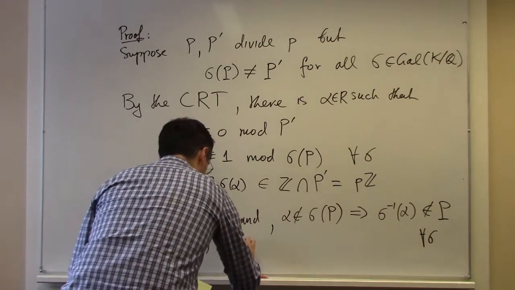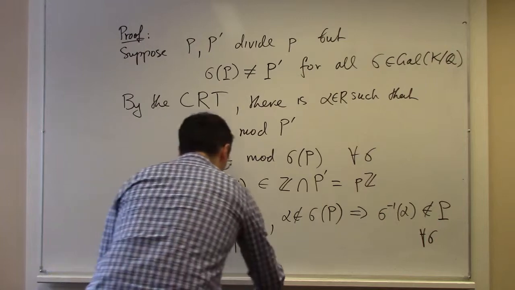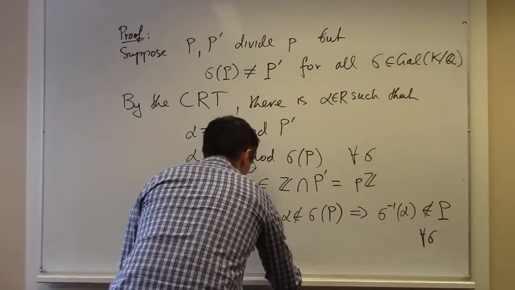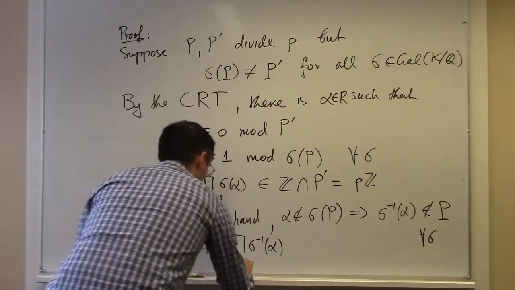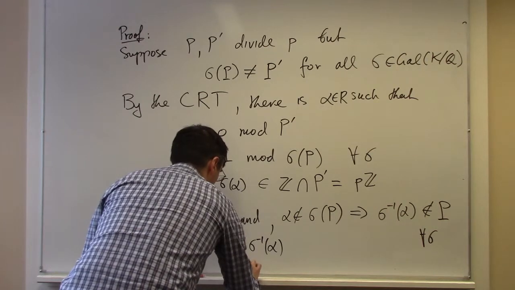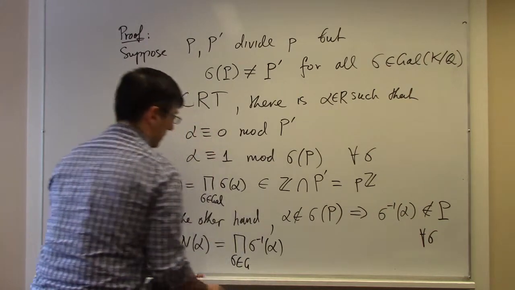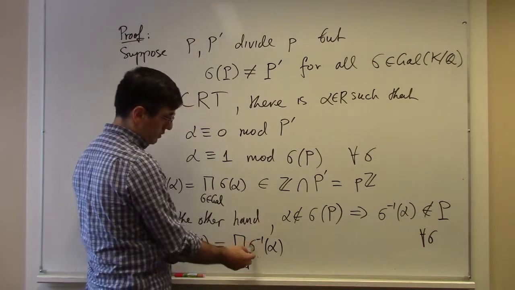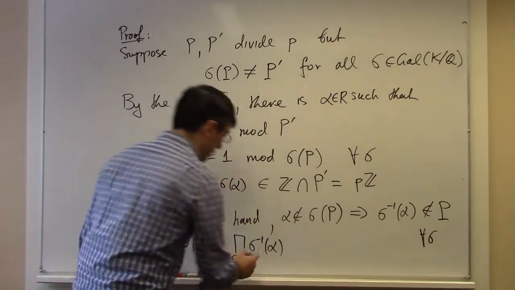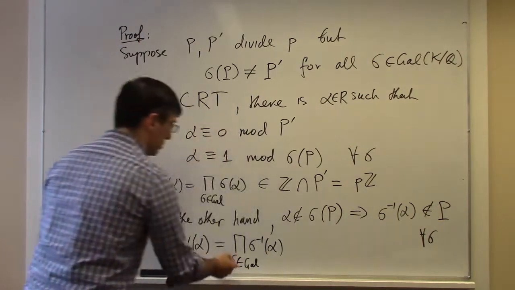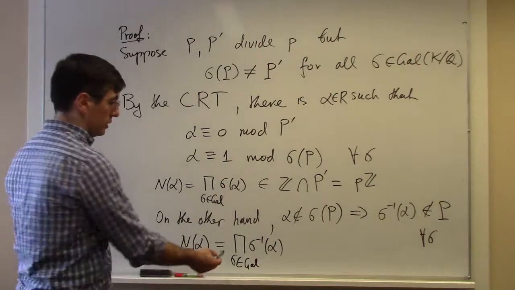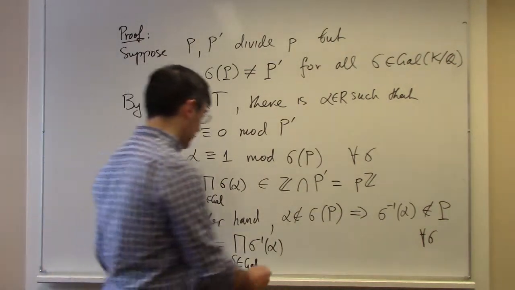this norm, which is now, you can take the inverses of sigma. If you run over the inverses of sigma in the Galois group, you still run over all elements of the group, right? So this is the same.